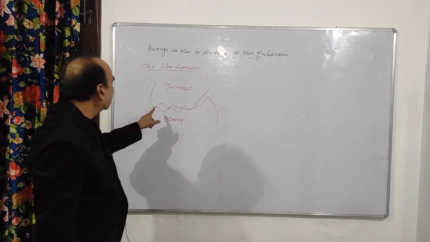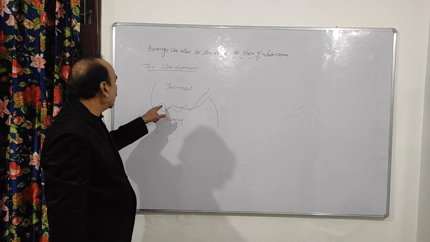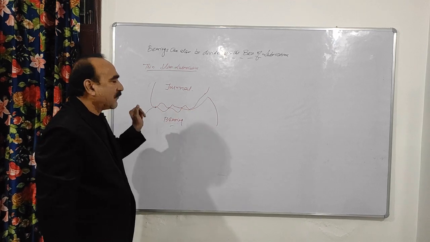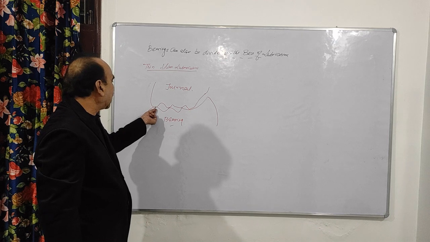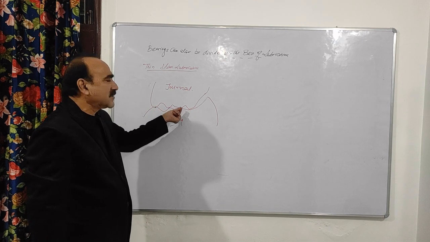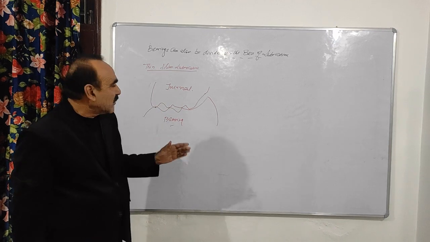Suppose this is your figure of the thin film lubrication. Here this is your point of contact, it is meeting here. This is a point of contact and this is a point of contact, right?